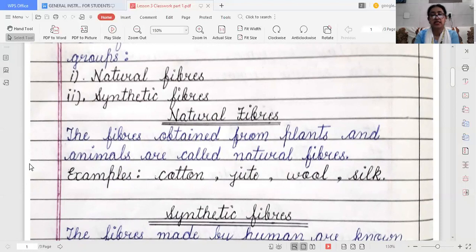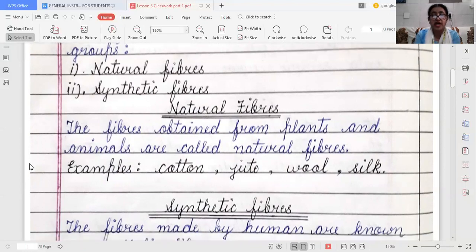Wool and silk are animal fibers, because natural fibers are again divided into two: plant fibers and animal fibers. Examples of plant fibers are cotton, jute, flax, and animal fibers are wool and silk.